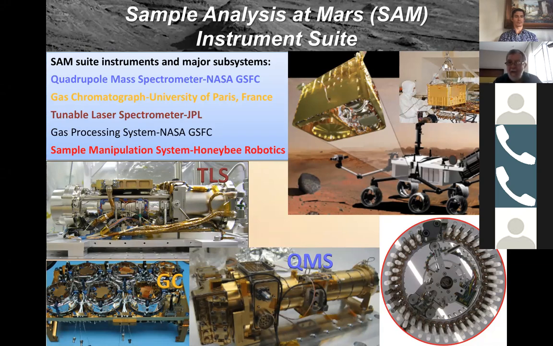Our colleagues at JPL provided that, and then they delivered it to us at Goddard, and we integrated it into this SAM experiment, which is about the size of a microwave oven. You can see in the upper right where we've integrated it all. We're lowering it very carefully into the Rover in this clean room. The Rover is turned upside down and is being lowered very gently into its interior.